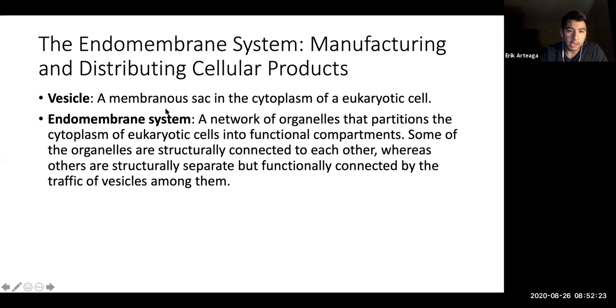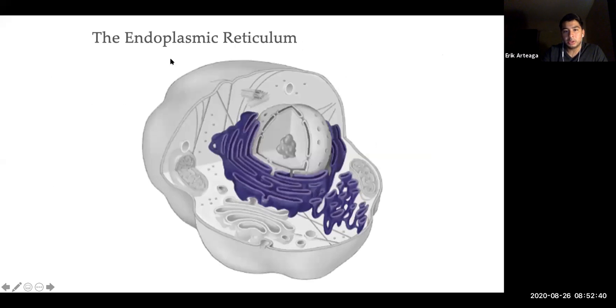Okay, so the endomembrane system is very important for the cell. A lot of biological functions are made possible by this endomembrane system. So the endoplasmic reticulum is a part of that endomembrane system.